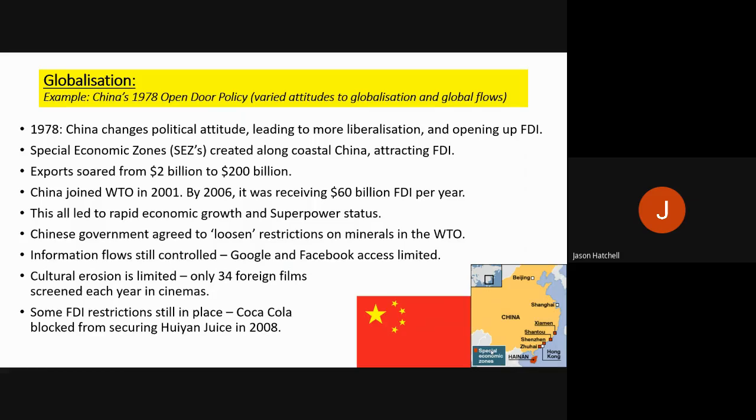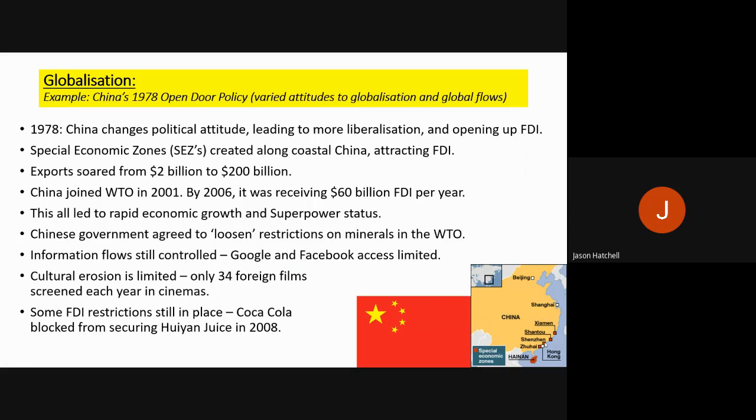So the government established what are called SEZs, which are special economic zones. They were created all along the coast of China, attracting that foreign direct investment. You can see the map on the bottom right there, you have places such as Xiamen and Shenzhen, which are special economic zones.